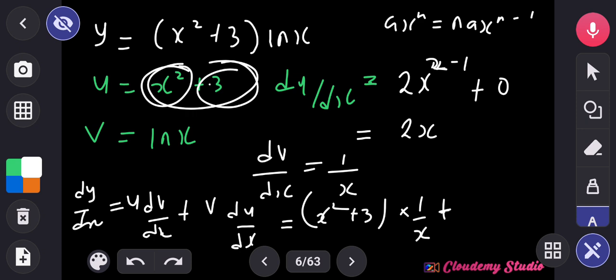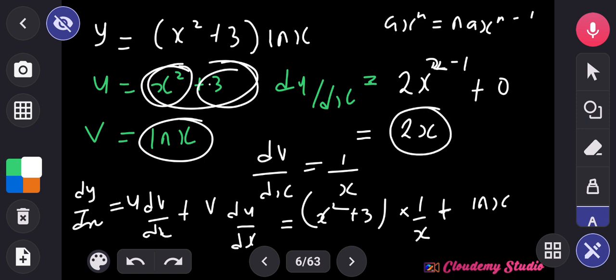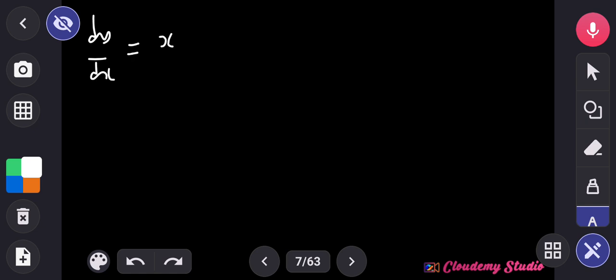What's our v? Our v is ln x, so that is ln x multiplied by du, which is 2x. So our answer can be dy upon dx equals x squared plus 3 divided by x plus 2x ln x. And we can stop here. This will be our answer for this particular question.